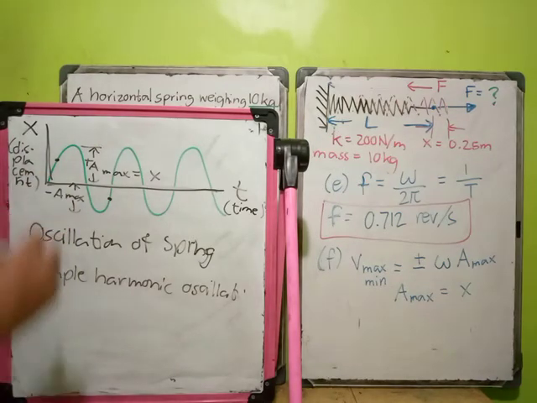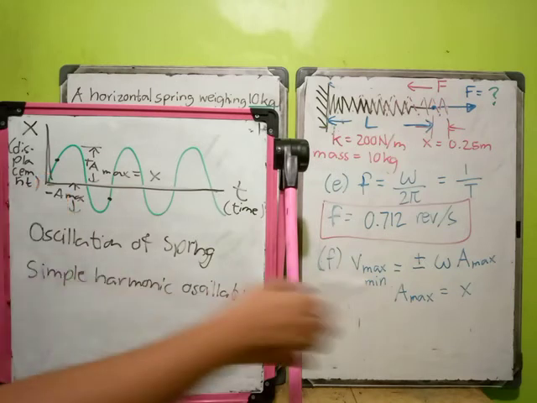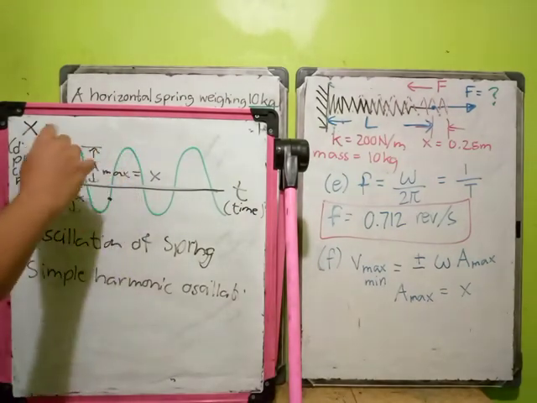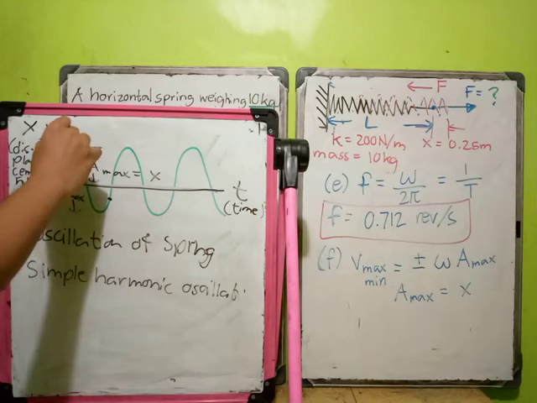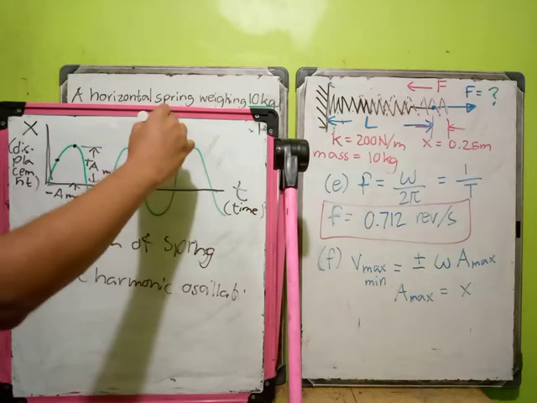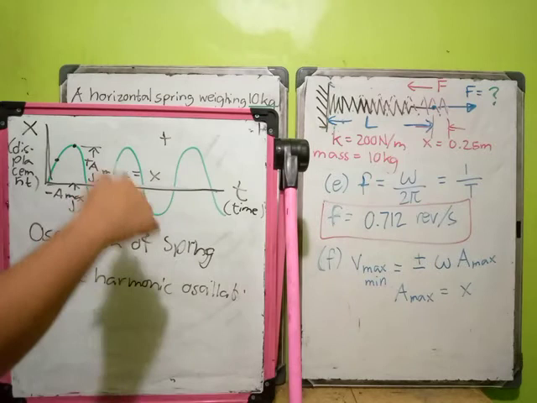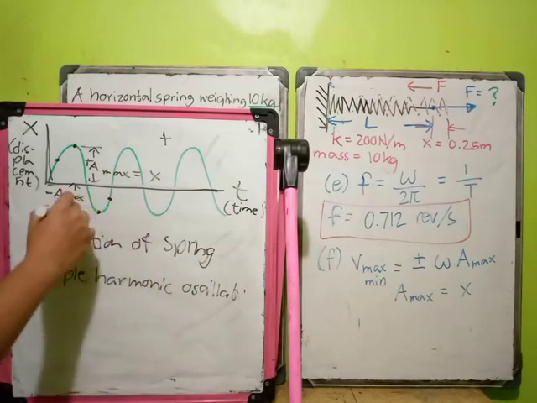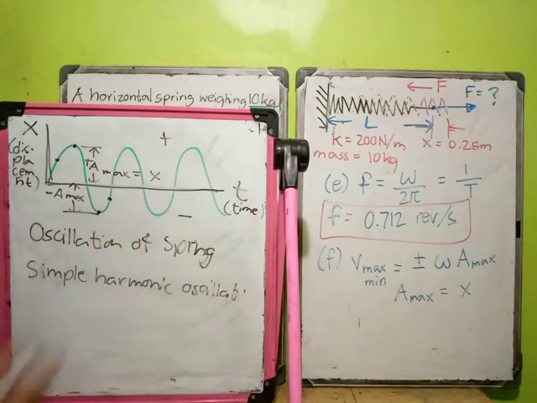So kaya nagkaganito yung formula, if you remember. So ito yung pinakamataas na displacement niya at the positive side. And then ito yung pinakamalaking displacement niya on the negative side.